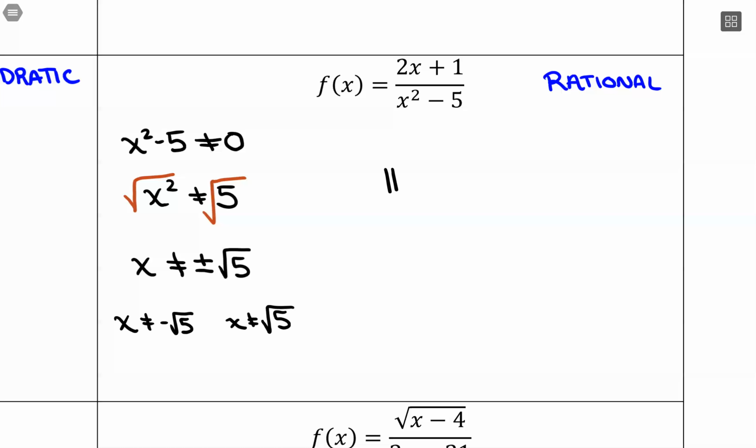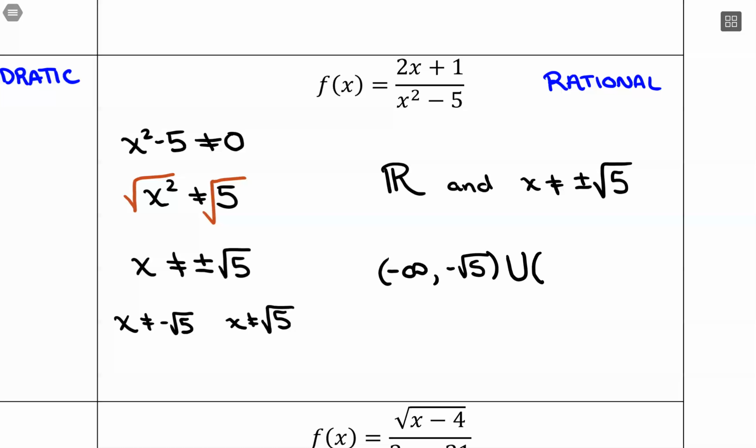So we could say x is all real numbers, and x cannot equal, and you could use the plus or minus symbol for the square root of 5. If we do interval notation, there's going to be two values that we want to skip in the interval. So we start at -infinity, go up to -√5, and skip it, and then go up to +√5, and skip that, and then go off to infinity.